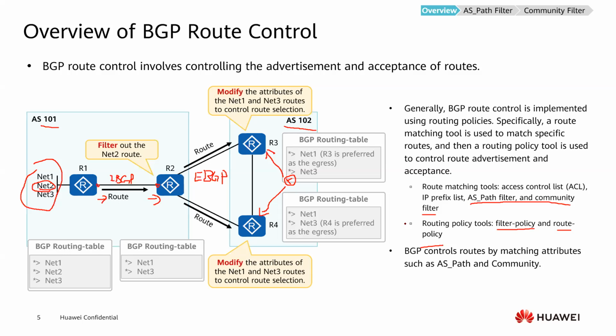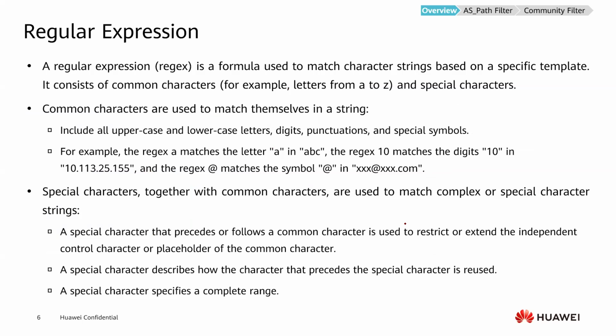Before introducing these two filters, we will introduce a common tool. We call it the regular expression, or regex. The regex can match some common or special characters to match a specific route. Common characters are such as uppercase and lowercase letters, digits, punctuation, and special symbols.